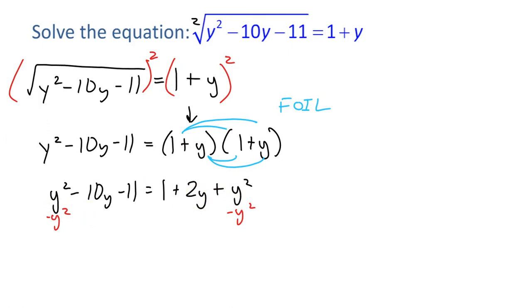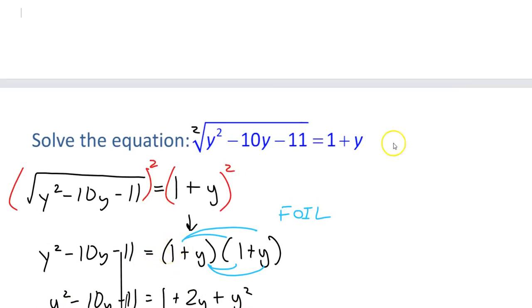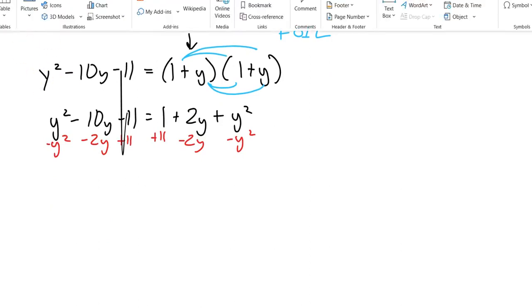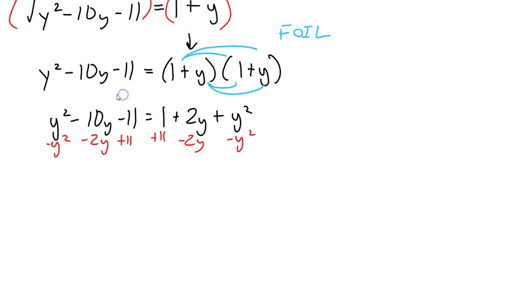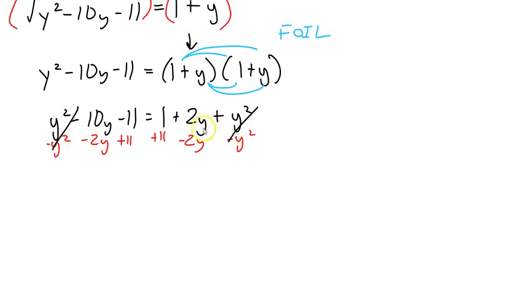Looking at this very carefully, it doesn't really matter how you do it. Let's say you subtract off this 2y from both sides. Then I'm going to have to add the 11 here and add the 11 here.